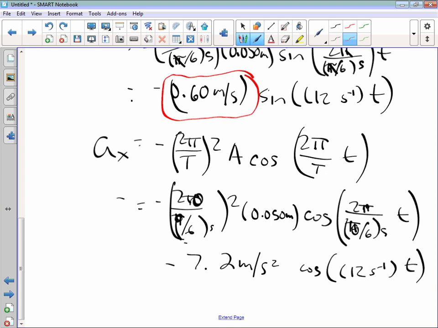The amplitude of the acceleration, or the maximum acceleration, would be this. Now that would change depending on where you're at in the wave or in the cycle. It could be positive or negative depending on what you're establishing as up and what you're establishing as down.